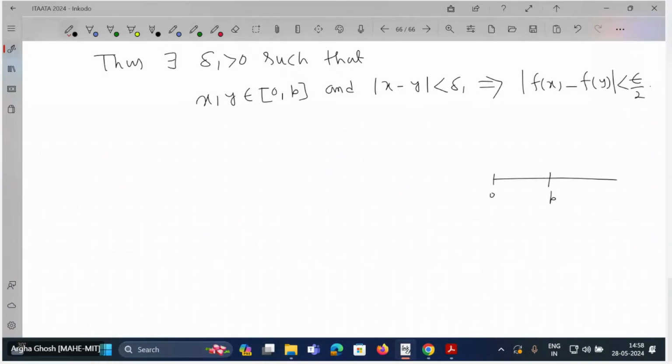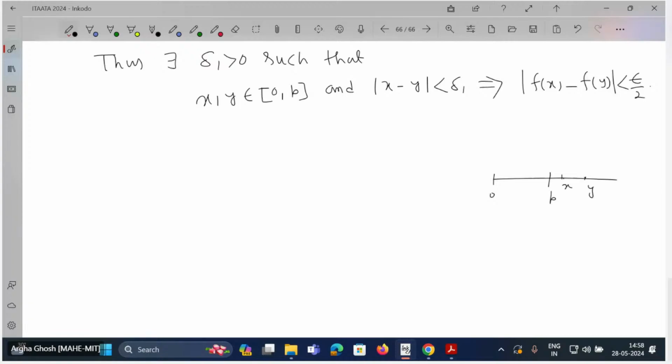So if we have x, y only in between 0 to p, then we are fine.